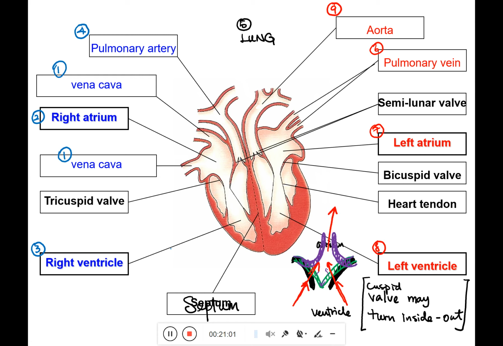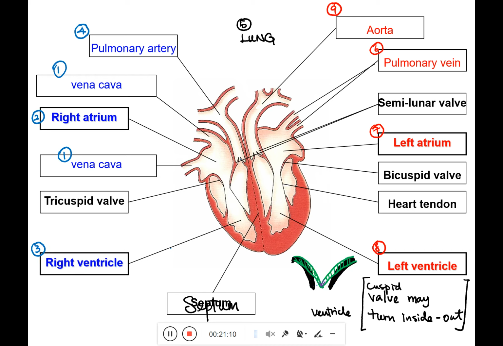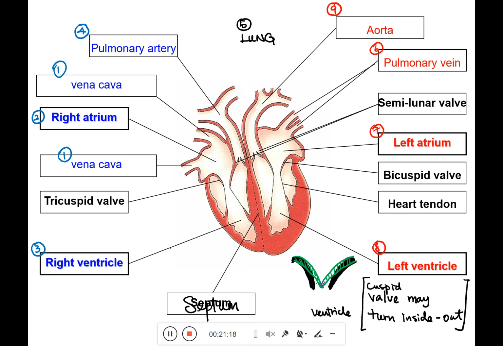So how can we solve this problem? By having a string, a very tough string, that pulls the end of the valve to the wall of the ventricle.